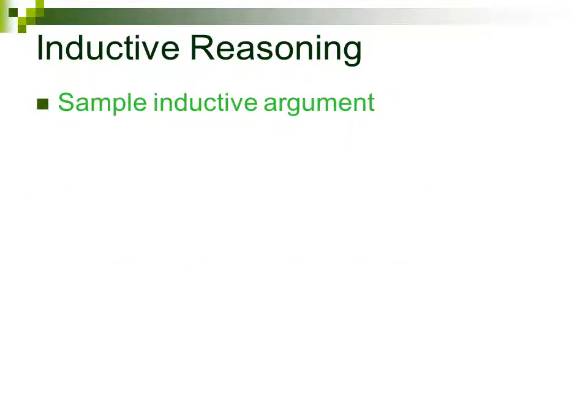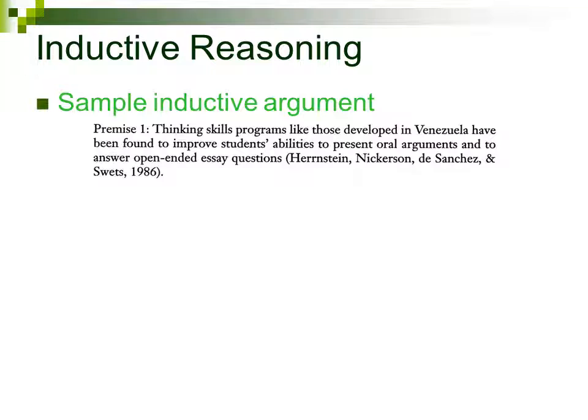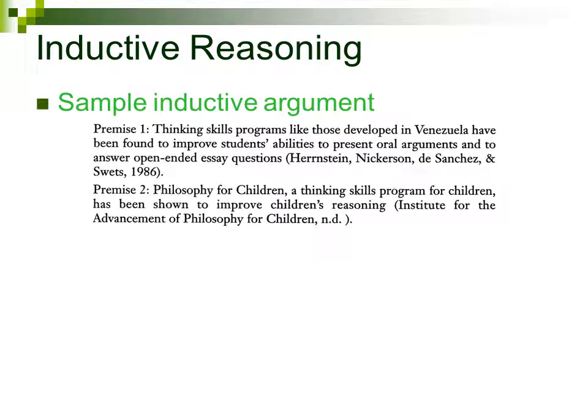What I'm going to do now is show you a sample inductive argument. So you'll see a bunch of premises or facts, and what I want you to try to determine is what can we conclude based on this information. I'm not going to read them to you to help save my voice, but here's premise 1. Here's premise 2.